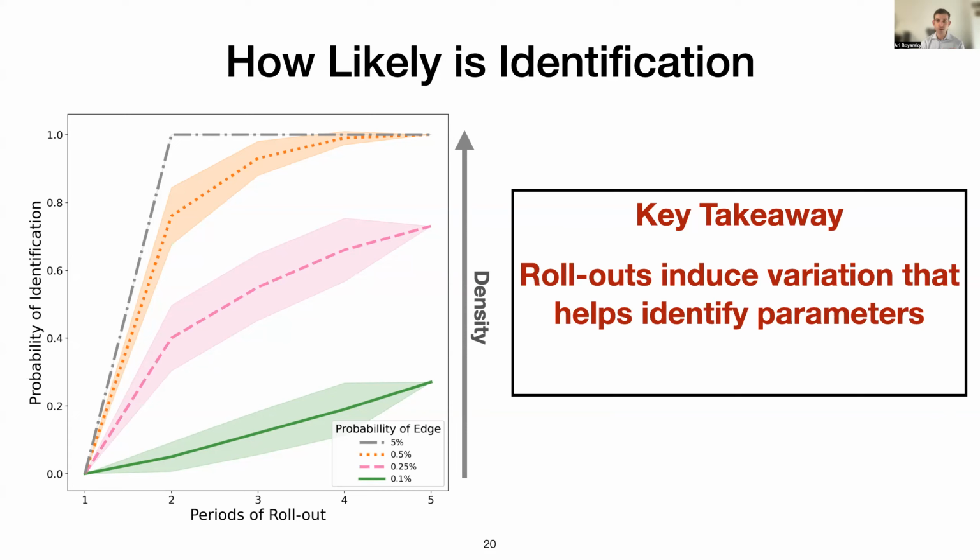In this model, we're also seeing that sparsity of the underlying network is very important for identifying these interference structures, since these lines are moving up with the density of the underlying graph. However, a more interesting takeaway is that the lines are all increasing with rollout periods. In fact, the clear takeaway here is that rollouts help identify parameters that were previously unidentifiable.